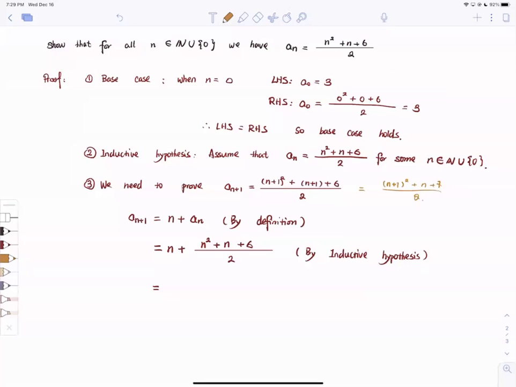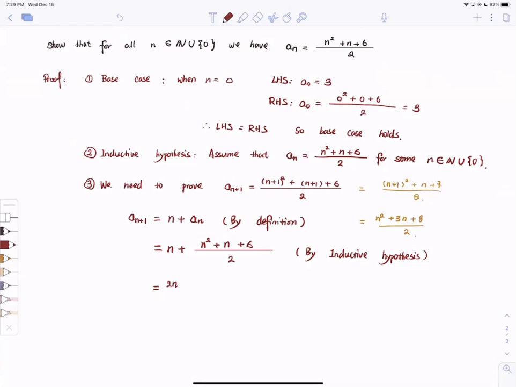Do I want to simplify it even more? Sure. So n squared plus 2n plus n plus 3n plus 1 plus 7 plus 8 over 2. Okay, so I know that I want to get something like this. So this is 2n.